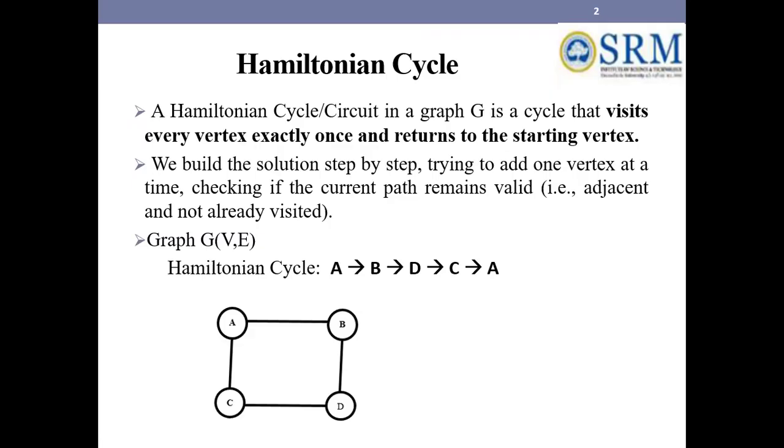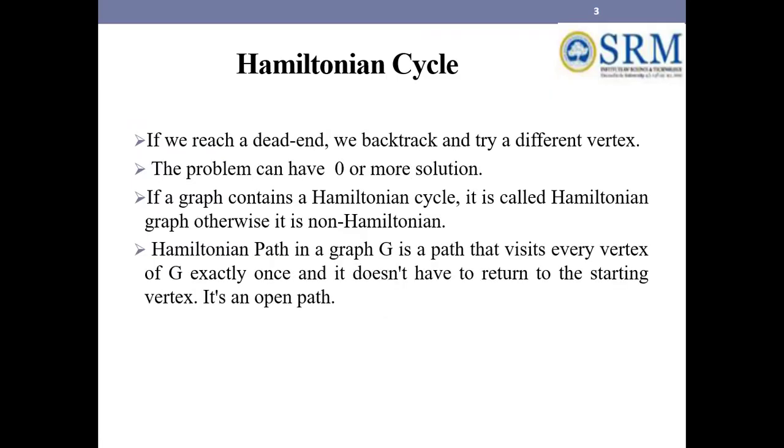We are going to build a Hamiltonian path by using backtracking approach, by visiting nodes one by one till all nodes are explored and from the last reach the starting node. That is called Hamiltonian cycle. And how we can solve Hamiltonian cycle problem using backtracking. So we know what is backtracking.